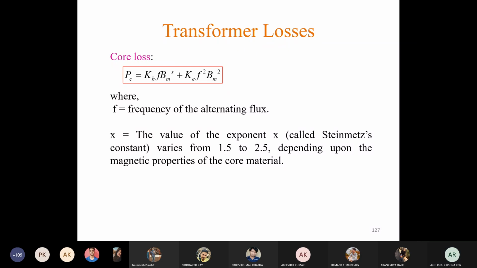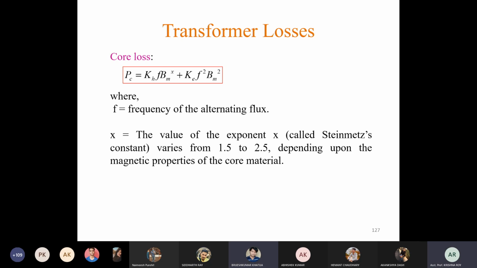Is it clear? Is this hysteresis loss formula experimental, or can it be derived? Experimental. You cannot prove this formula because the value of x varies for different materials. Both these formulas are empirical formulas.